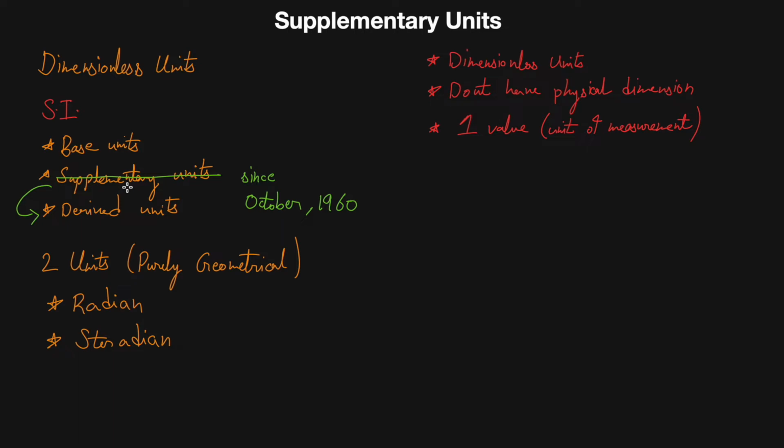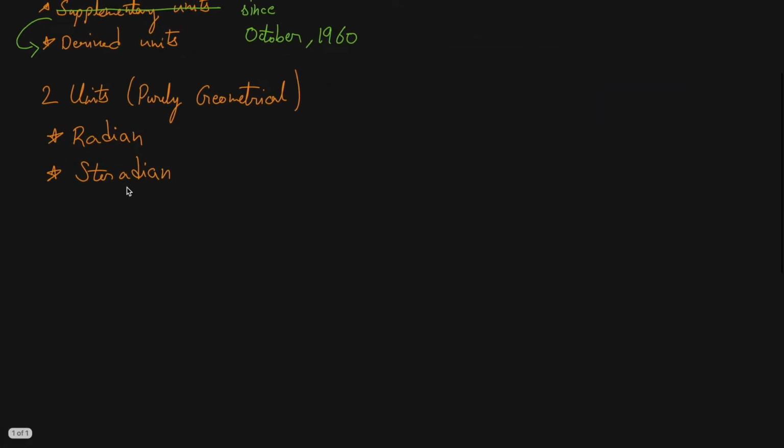First of all, we're going to start with the radian, denoted by the symbol rad. It is the unit used for measuring two-dimensional geometry, which is plane angle.